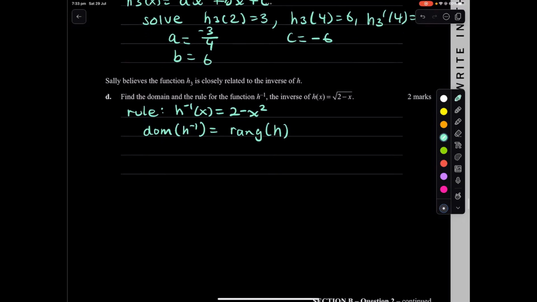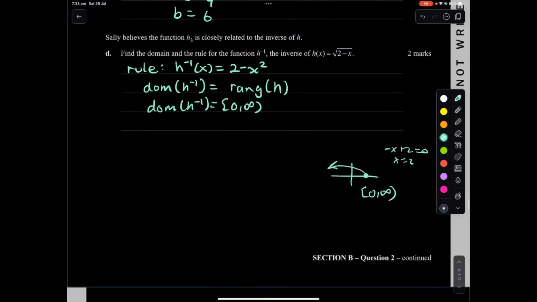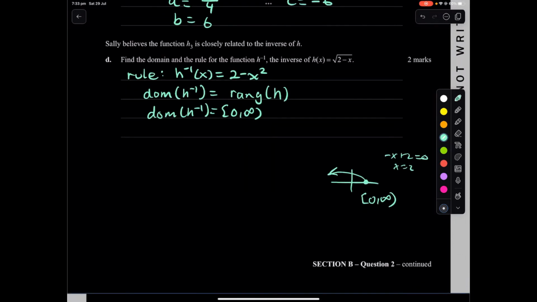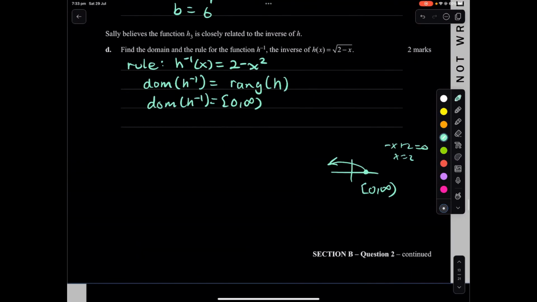Well, negative x plus 2 equals 2 minus x. So it's been translated 2 units, and it goes like this. So your range is still 0 to infinity, from 0 inclusive to infinity. So your domain of h inverse is actually 0 to infinity. That's your answer. Find the domain and the rule. Have I done it right?